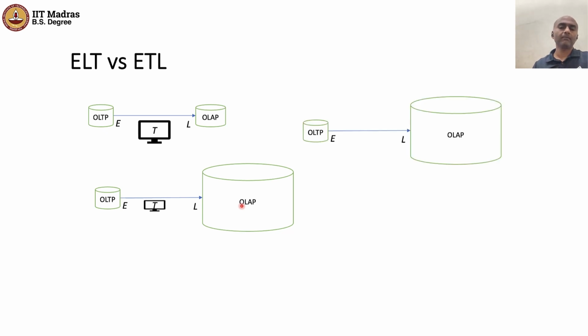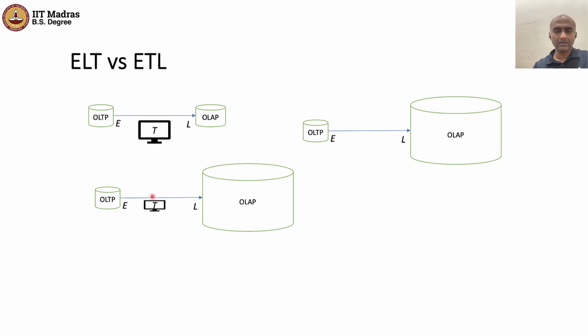So then came the realization that you cannot get away from the extraction from the source system, right? That's where the data belongs. We can't really do anything about it. You have to load the data into the OLAP, because that's when everything else becomes possible within the OLAP, including business analysis. So the only thing really you can play with is the T, right? Where does the T happen?